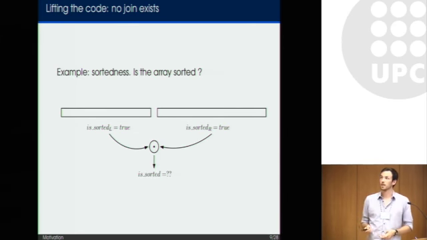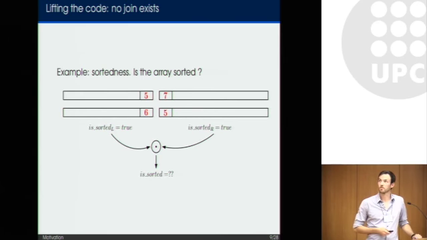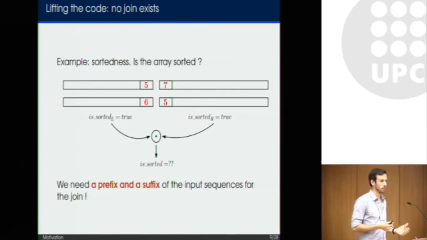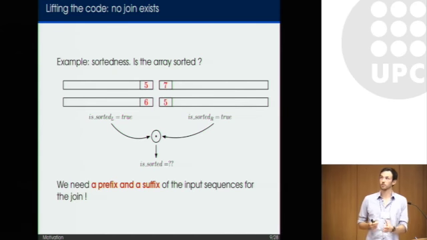Here we have split the sequence in two, and the left array is sorted and the right array is sorted, but we have two cases: in the first, the whole array is sorted, and in the second case, the whole array is not sorted. So in this case, we just need a prefix and a suffix of the input sequences of the different chunks to recompute the result in the join.